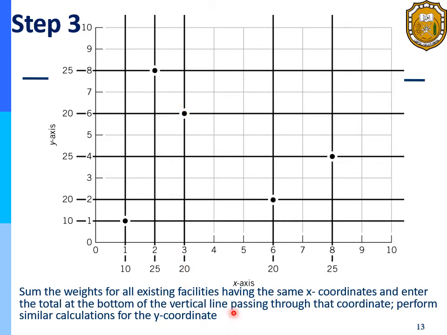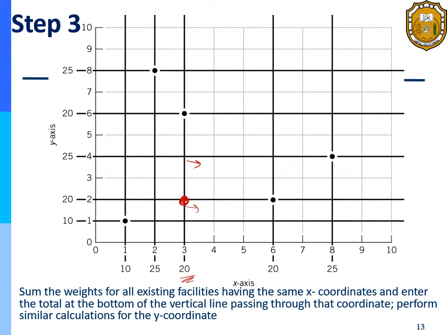If there is more than one existing facility on the same line, as I said, for example, another one here, another one here, so there can be 3 or even more facilities on the same coordinate, then the weight that you are writing will be the summation of the weight of this one plus this one plus this one.